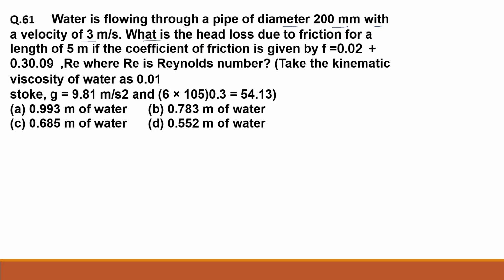What is the head loss due to friction for a length of 5 meter if the coefficient of friction is given by F is equal to 0.02 plus 0.009 upon Re to the power 0.3?